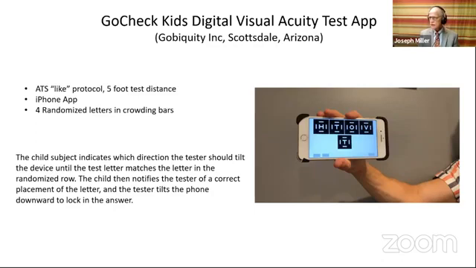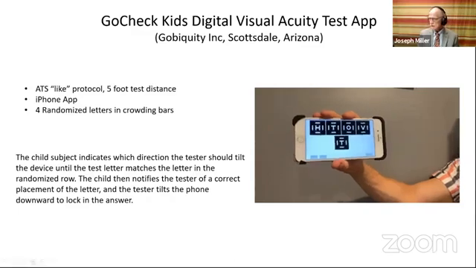So the task of the child is to look at the lower, in this instance, T, and find where it matches on the top line. And the way the match is identified is through the child indicating by pointing whether the T that they're looking to match with is to the left or to the right. So they would point to the left or to the right, and then the operator would do something along the lines of a tip.